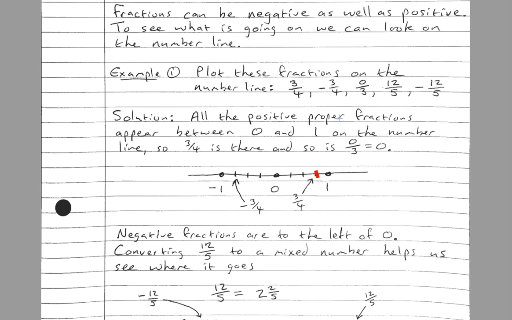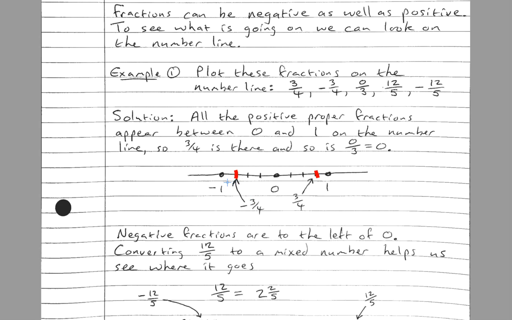Negative 3/4, well, you just go the same distance on the other side, so to the left of 0. So 1/4, 2/4, 3/4, negative 3/4 is here. Negative 4/4, that's negative 1.